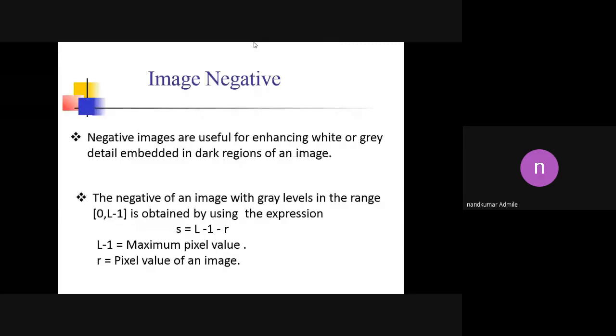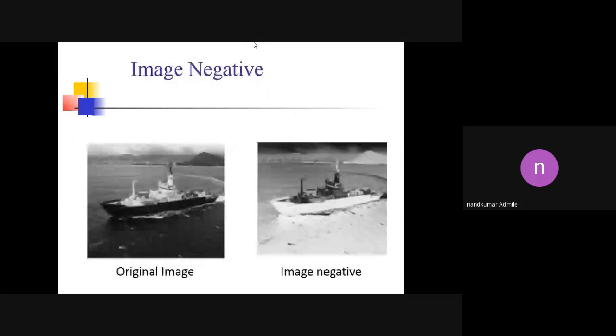If we take an example image and apply the image negative, then comparing the original image and the image negative, we can observe that the black color is converted into white, and the white color is converted into black. So that is the concept of image negative.